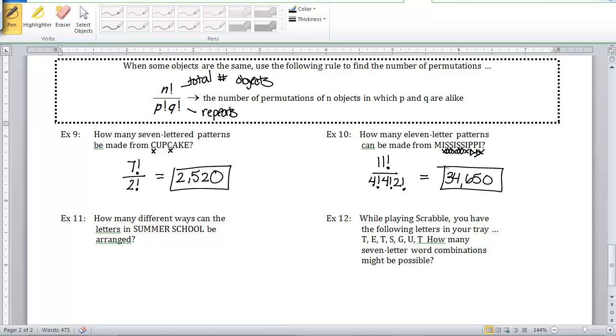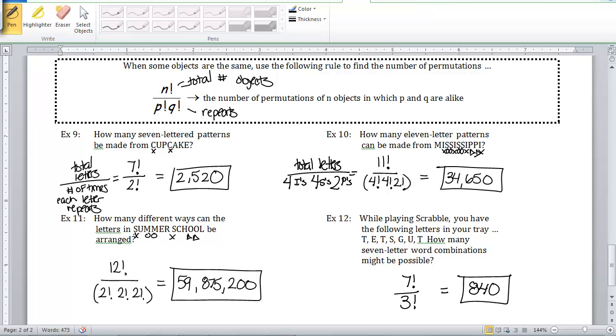Please now pause the video and complete examples 11 and 12. In example 11, we had 12 letters total, and the letter S appeared twice, the letter M appeared twice, and the letter O appeared twice. So I had to divide by 2 factorial for each of those letters.